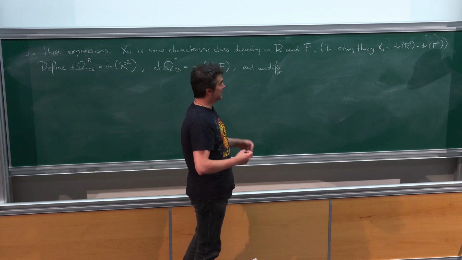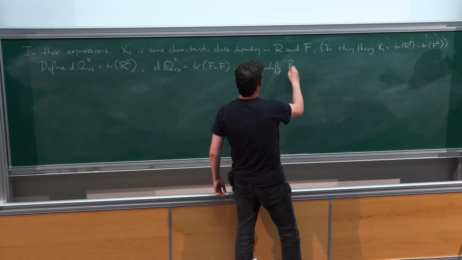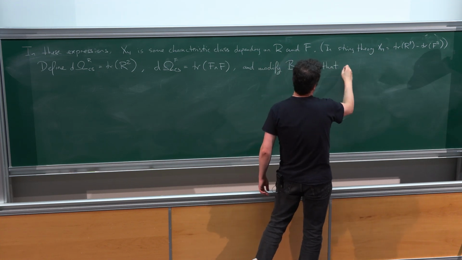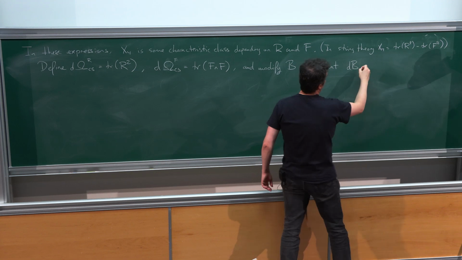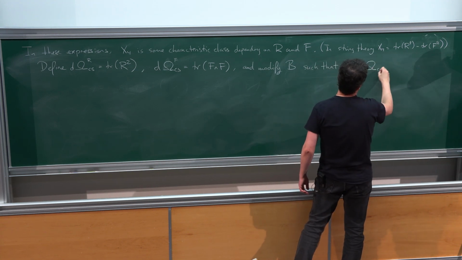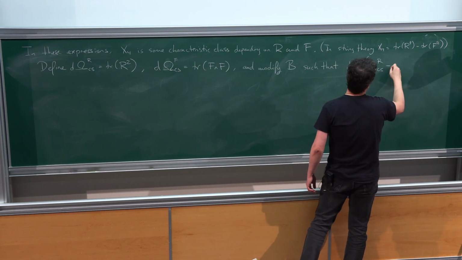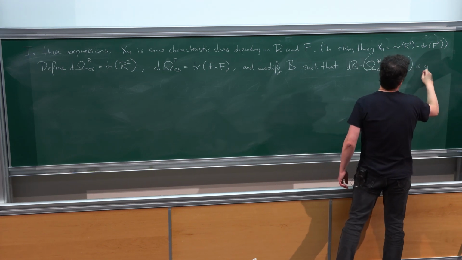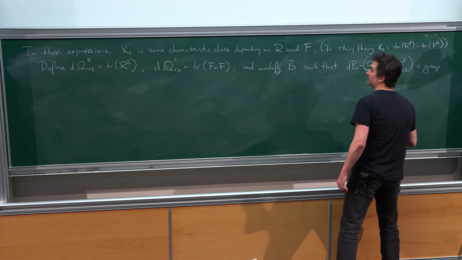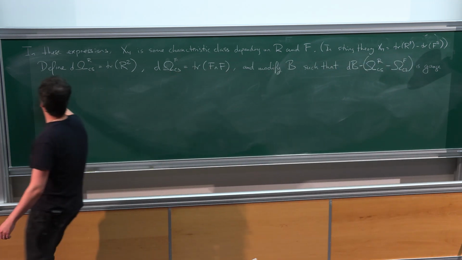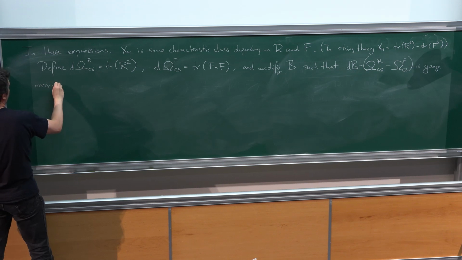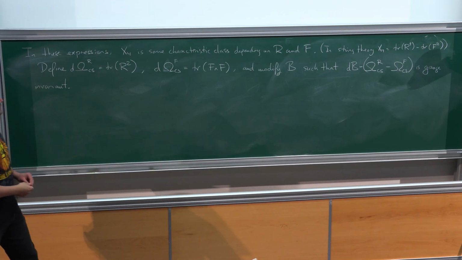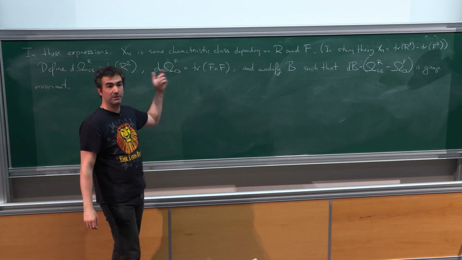But now I'm going to change the theory. I'm going to modify B such that dB minus omega Chern-Simons R minus omega Chern-Simons F is gauge invariant. So does this mean the Chern-Simons forms are generally not gauge invariant?